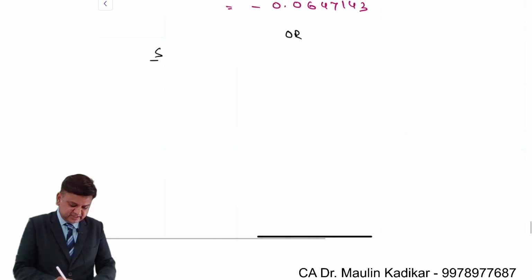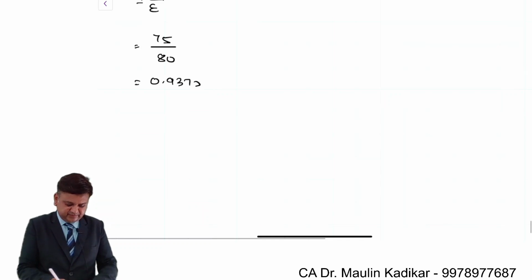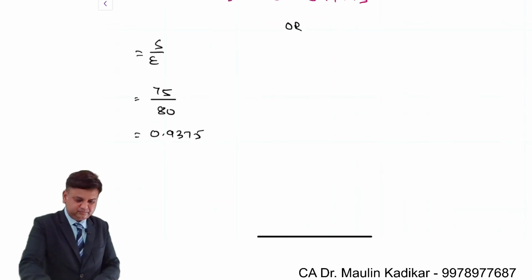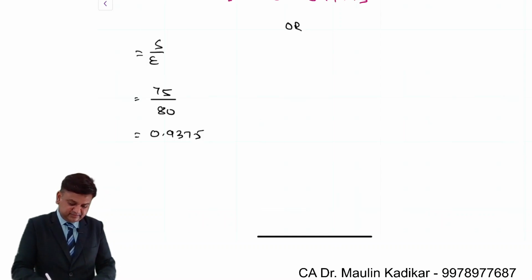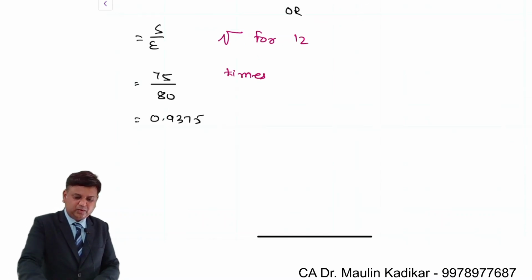Or otherwise, the second process is S divided by E. So 75 upon 80, so it is 0.9375. Then take the square root 12 times. One, two, 3, 4, 5, 6, 7, 8, 9, 10, 11, 12.